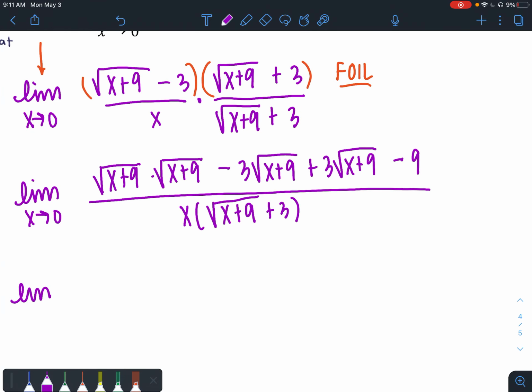So then we have limit as x approaches 0. Then square root of x plus 9 times square root of x plus 9 is just x plus 9. These two are going to cancel, and then I'm left with minus 9.